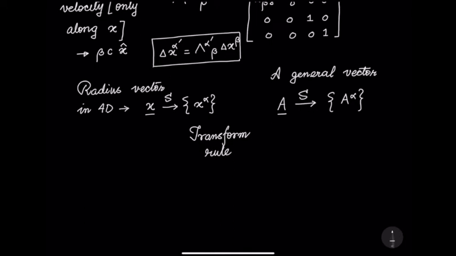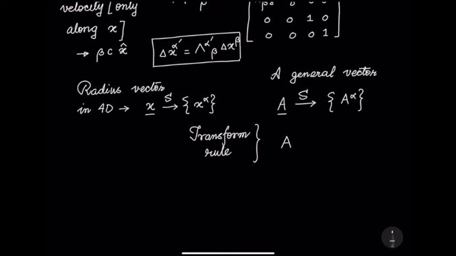From now on, all the transformations that we'll talk about will be mostly Lorentz transformations, because all the other transformations are either trivial or we have already studied them. So how will this transform? When I say transform, the vector doesn't transform. The vector is always the same vector in whatever reference frame you look at.